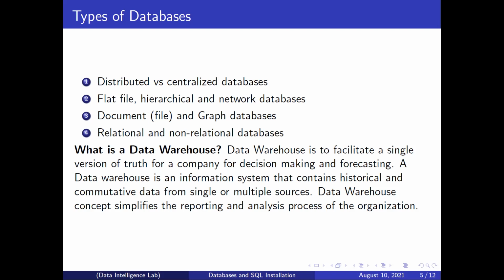Notwithstanding, the previous databases I mentioned could be implemented as a relational or non-relational database. But the kind of variance we're looking at in them might not be structured. It might just be where the data is located, or how we intend to access the data, or the kind of data we intend to access, right? But in relational and non-relational, they're looking basically at the structure within the database.